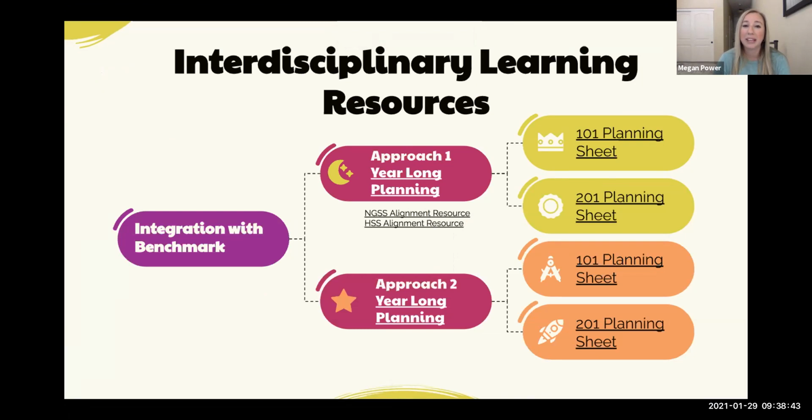So approach one, again, is you're following the themes and the sequence of Benchmark. So just to be clear, with both, you're following those. With approach one, you're looking to see if they're talking about government in that first unit, then you're looking at your social studies and combining government in there.